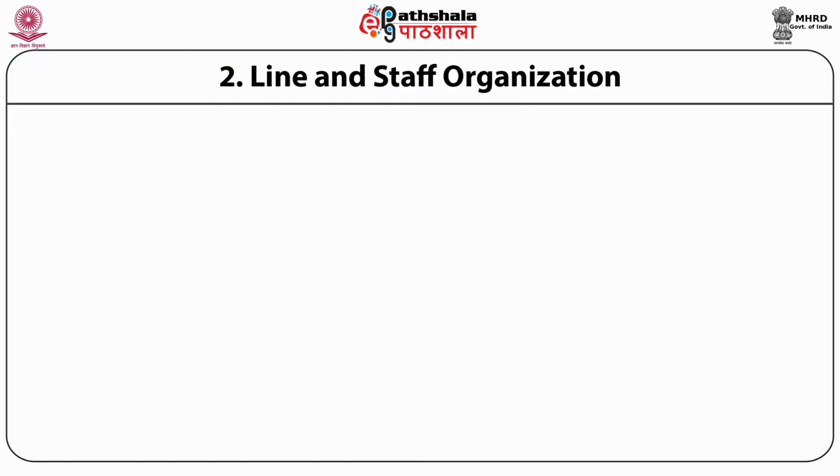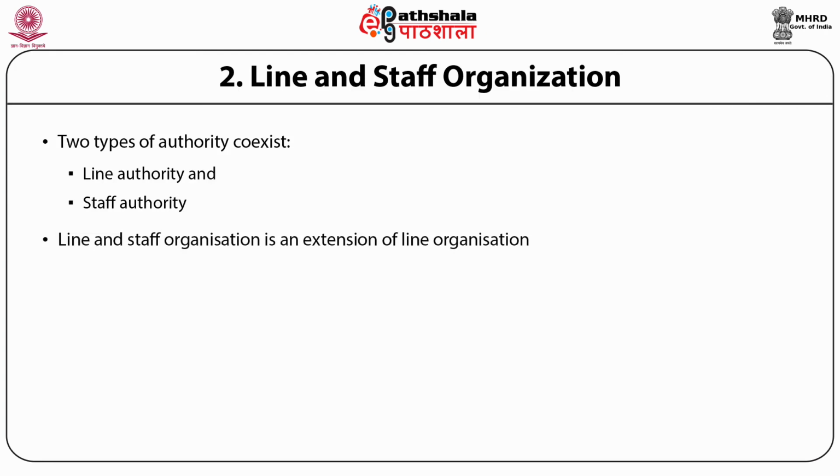Line and staff organization. In line and staff organization, two types of authorities coexist: line authority and staff authority. Line and staff organization is an extension of line organization where, along with line managers, staff managers also exist. Staff managers are specialists who play an advisory role for the line managers, but the ultimate authority rests with the line managers.